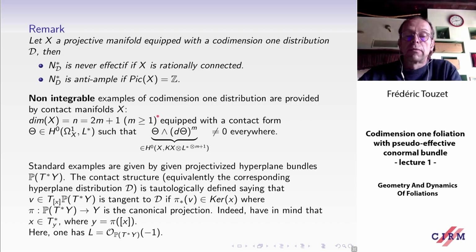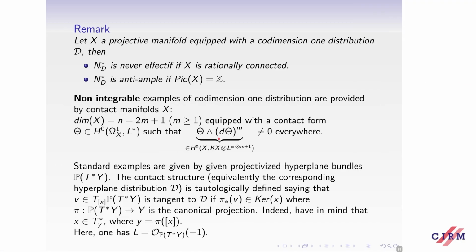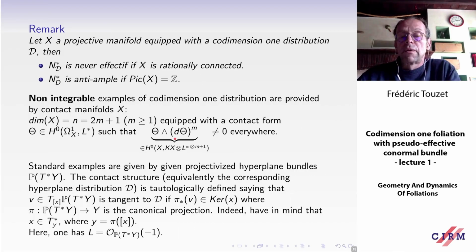It's a twisted form theta, which verifies this non-integrability condition, namely theta wedge d theta to the power m does not vanish somewhere. This is a kind of maximal non-integrability condition, and so this is quite the opposite of the integrable case, that is codimension 1 foliations.